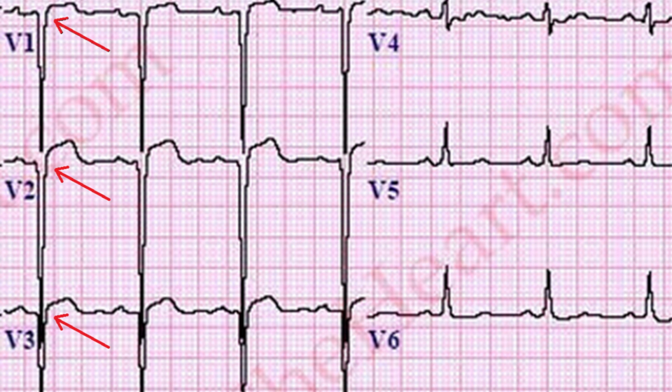Also worth noting is that there aren't any R waves to speak of. In left ventricular aneurysm on the EKG, there shouldn't be any R waves. That's one way that we can differentiate between a new ischemic event and a stable left ventricular aneurysm: the absence of R waves, or at least having small R waves.